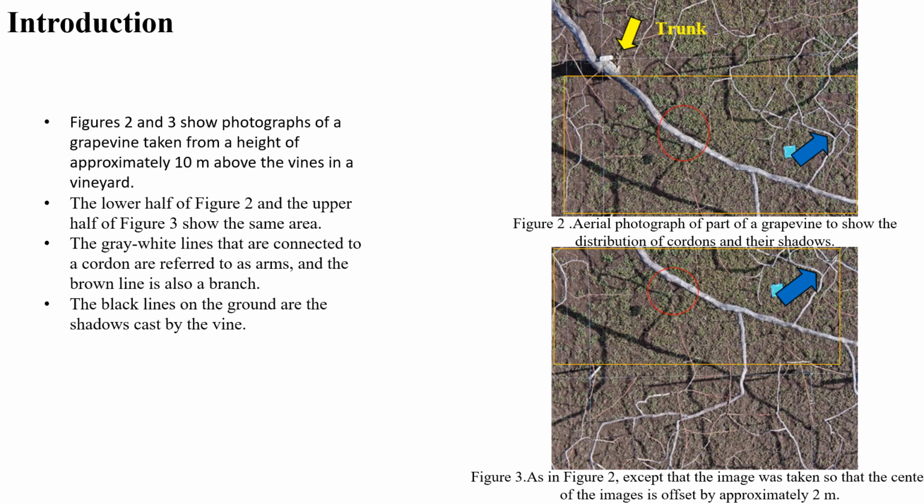However, due to varying photographic angles, the appearance of cordon shadows differs between the two images. For instance, the blue arrows in Figures 2 and 3 point to the same feature, but the shadows within the red circles differ in distance between the cordon and its shadow.